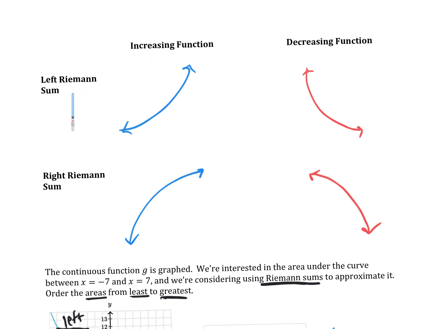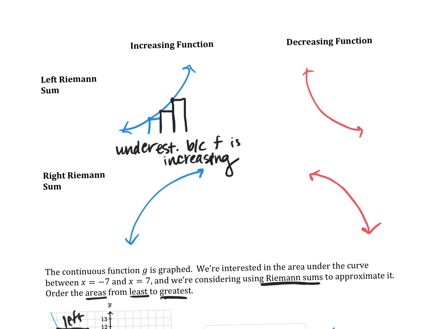With this increasing function, if you drew a left Riemann sum like this, over or under? Under. Yeah, and all you have to say to our AP people is it's an underestimate because my function is increasing. That's it. They don't want concavity because the concavity doesn't matter.